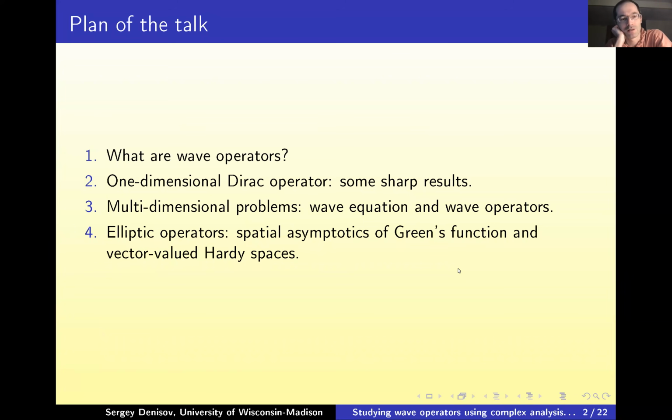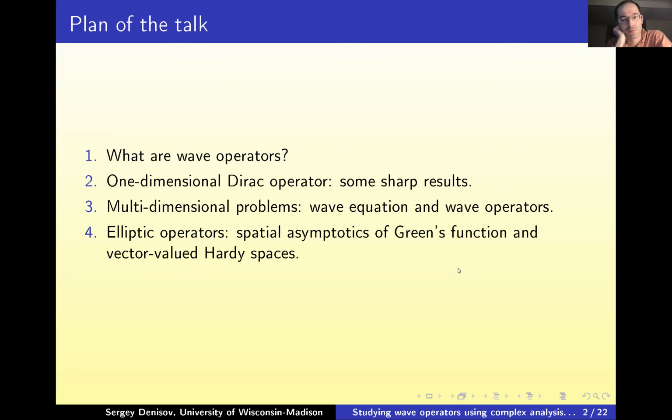So we'll start by saying what the wave operators are and what they are good for. Then we'll talk about 1D results, and we will focus on the Dirac operator. After that, I will talk about the multidimensional results.